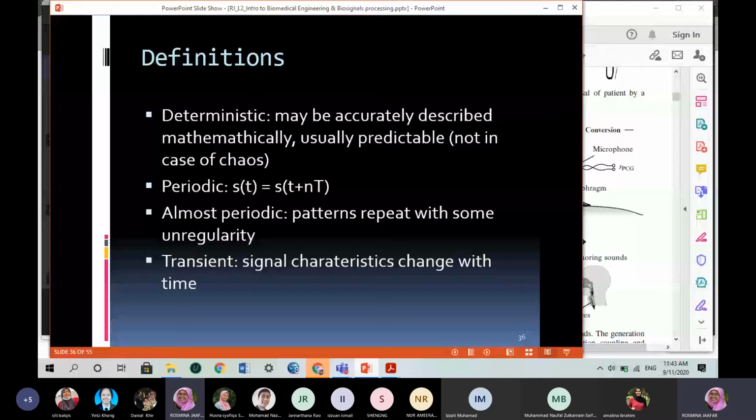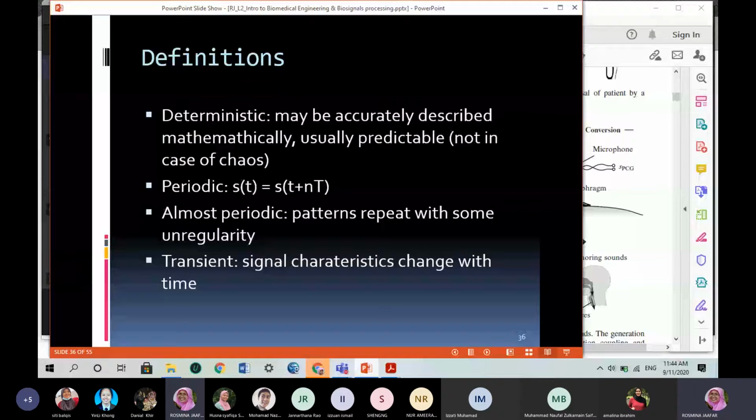Okay, deterministic signals may be accurately described mathematically, are usually predictable, and are rarely chaotic signals. Periodic means you can represent the periodic signals in digital form by equations, for example, s(t) equals s(t plus nT). This is the Fourier series, right? You can represent the signal in terms of a mathematical equation.